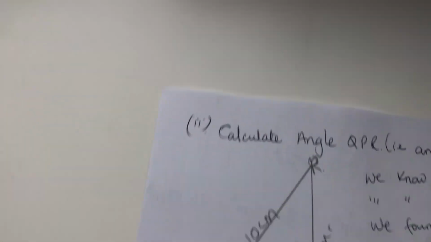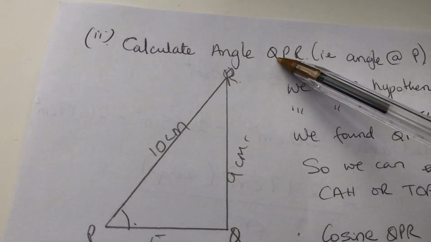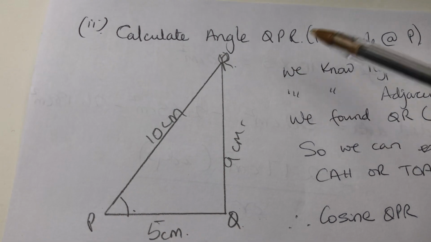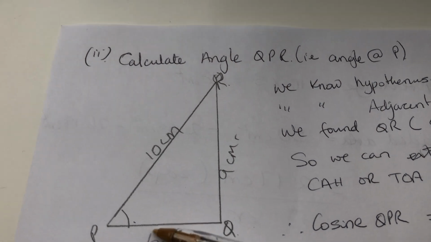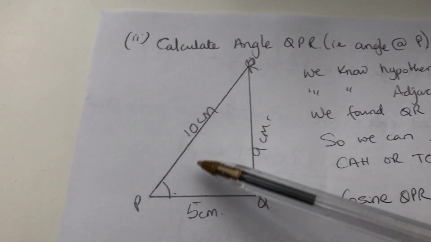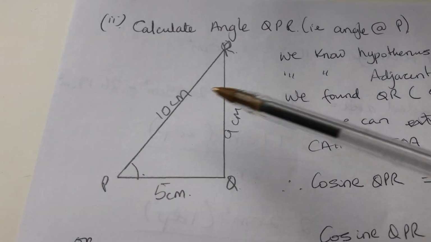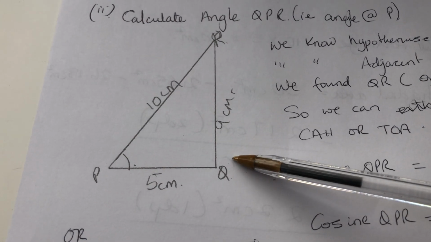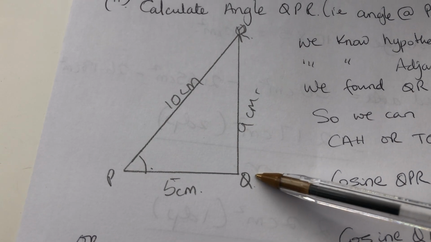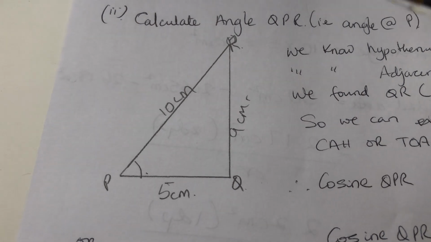Now let's go to the next question. So here you are again. Calculate the angle QPR from the first question we just did. So QPR is the angle at P here. Now we just solved QR, which we found as 9 centimeters to the nearest whole number, and we put the answer also inside.